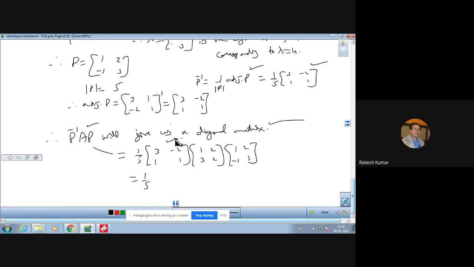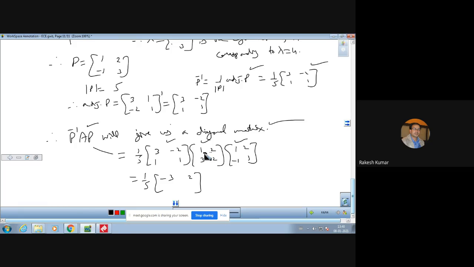Now let us multiply these three matrices one by one. So first of all, multiply this matrix with this. 3 into 1 is 3, and -2 into 3 is -6, so -3. 3 into 2 is 6, and minus 4, that is 2.